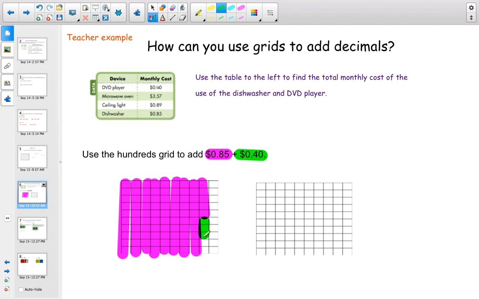So I've got 1, 2, 3, 4, 5 going down. 6, 7, 8, 9, 10, 11, 12, 13, 14, 15.